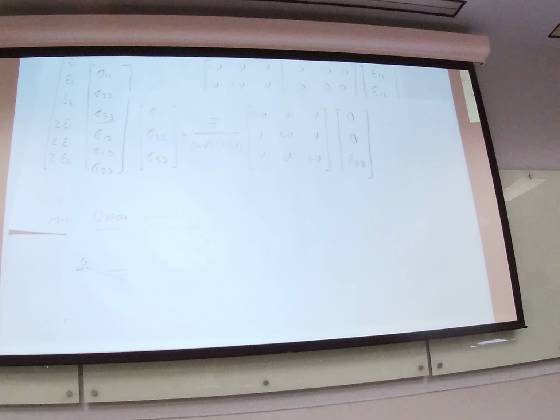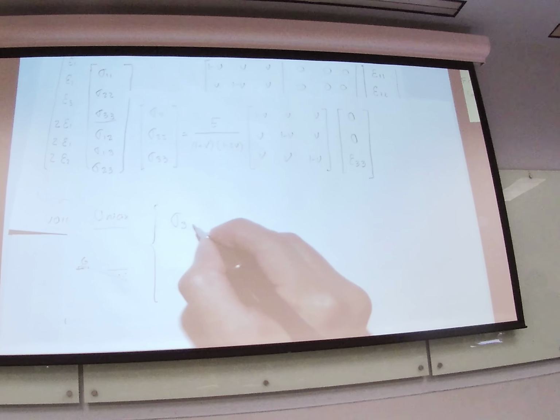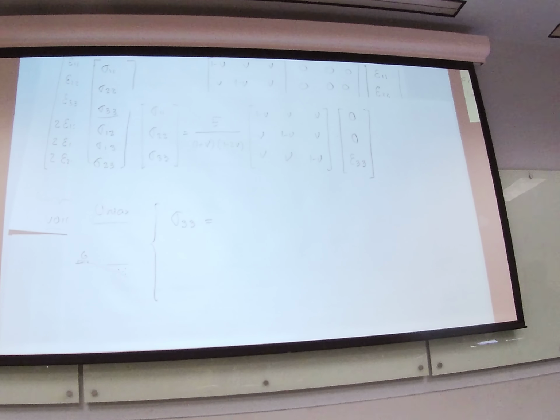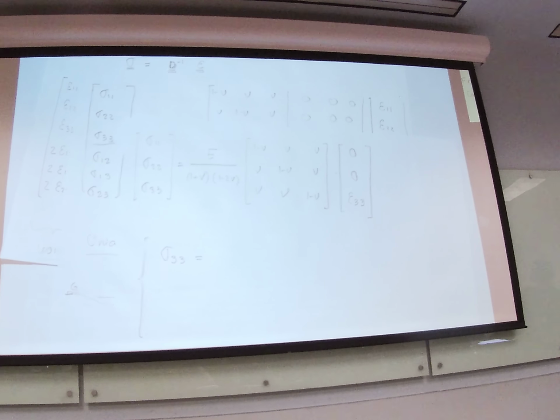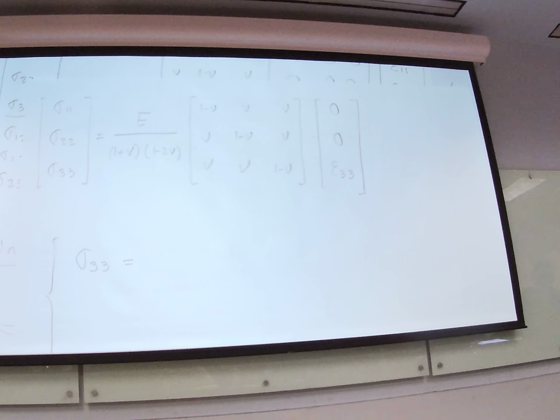Okay, so let's see what I can get from these equations. First of all, let's do the easy one. What is going to be now, as a single equation, sigma 3,3? If you were to multiply now, sigma 3,3 will be the result of the third row dot product this, right?